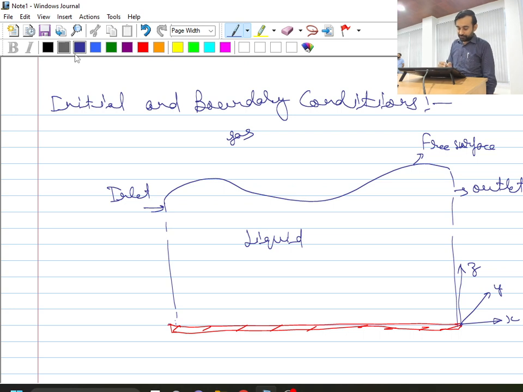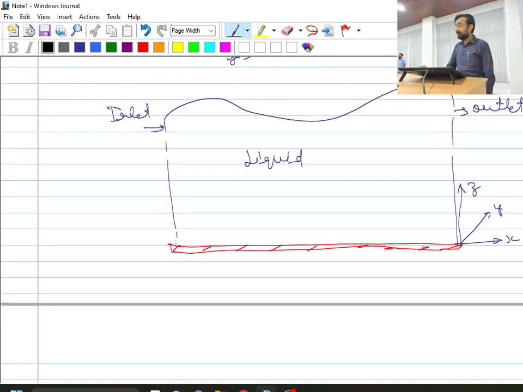Now, one important point: initial condition will be required only for unsteady or transient flow. If you have steady flow, then there is no involvement of time, so initial condition is not required. Because what do we mean by initial condition?